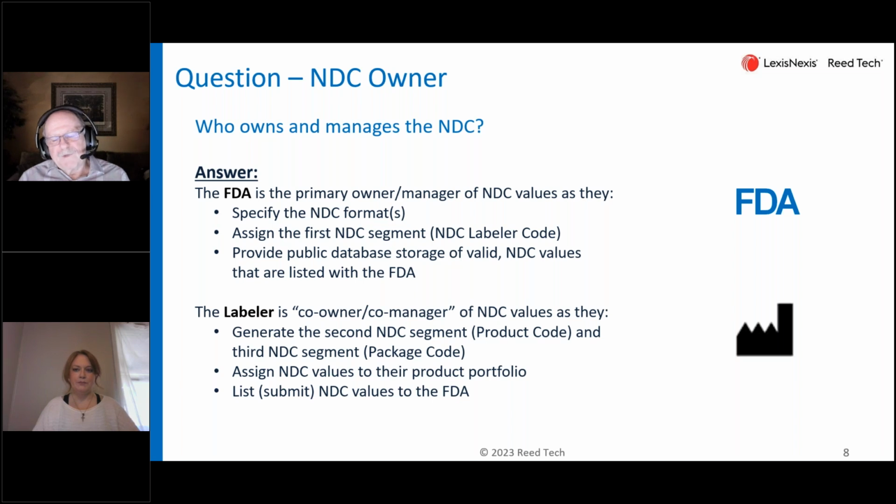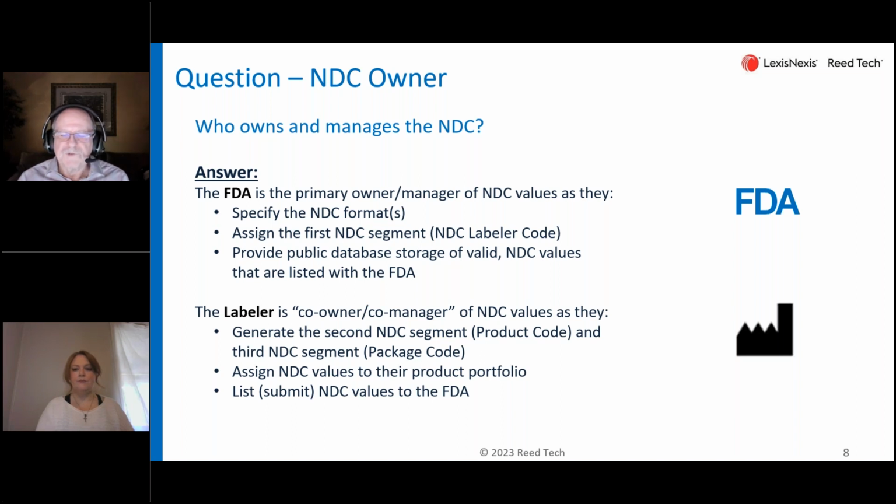And the reason for that argument is that, remember, there's three segments in the NDC code. The second segment, the product code, and the third segment, the package code, are the responsibility of the labeler. So they are definitely involved in creating and managing that. The full NDC number then is the labeler's responsibility to allocate to their product portfolio and figure out the various products and the packaging schemes.